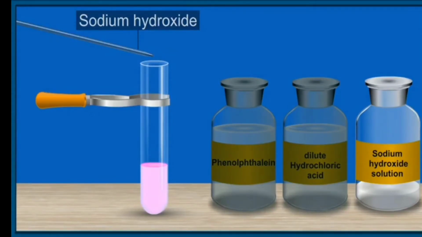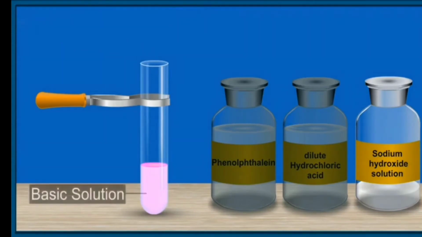Why did the color change here? Because it is a basic solution, and phenolphthalein gives pink color with a base. So this is how we can say that this solution has become basic. First it was acidic, after adding a base it became a basic solution.